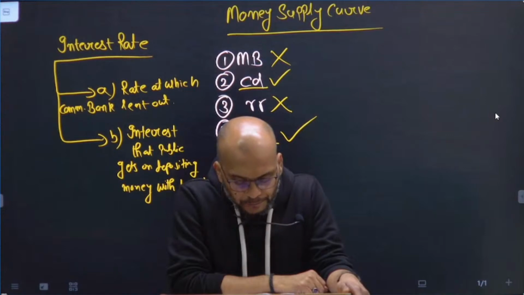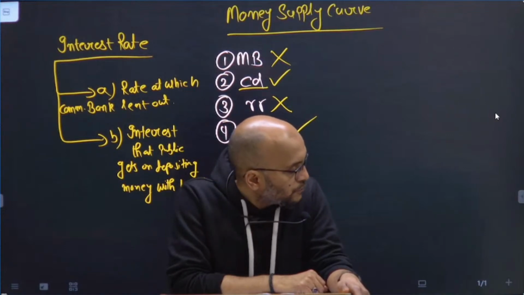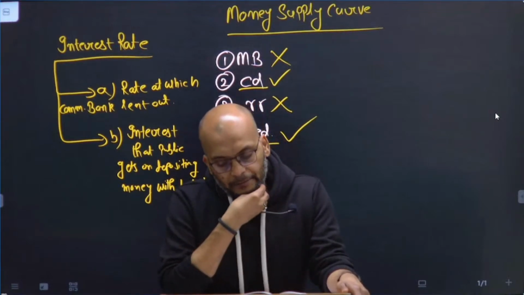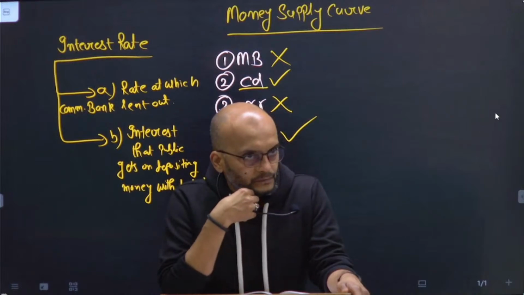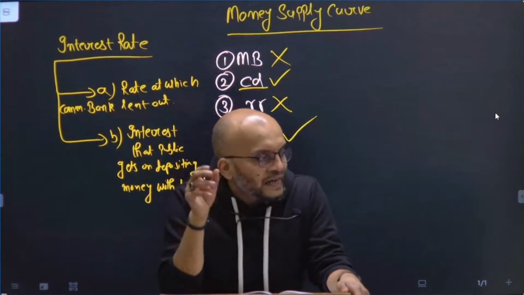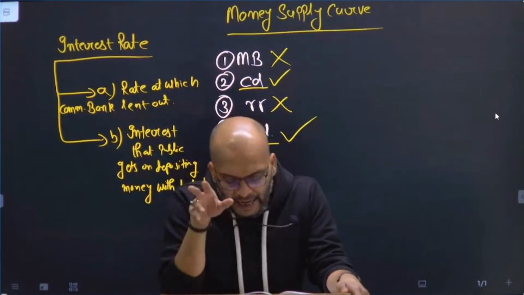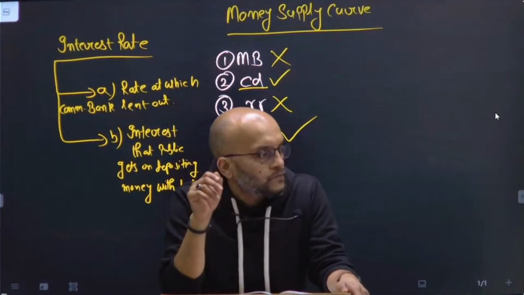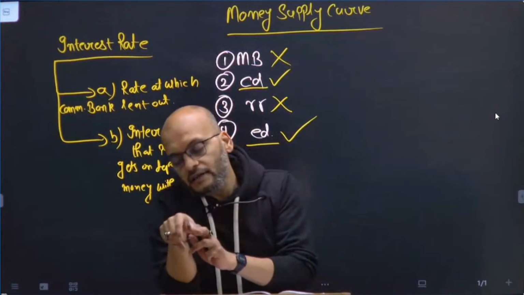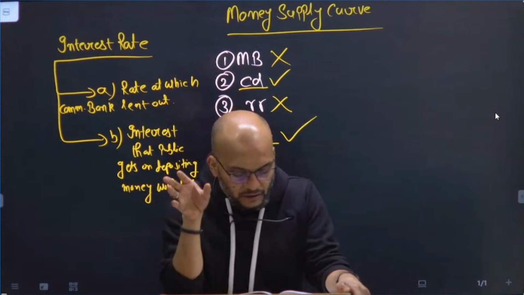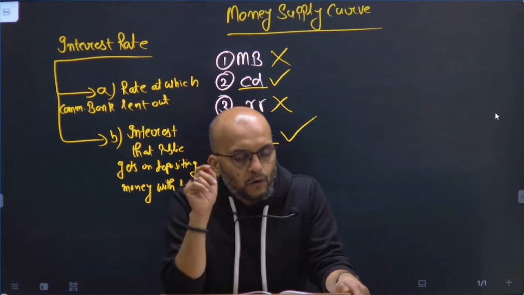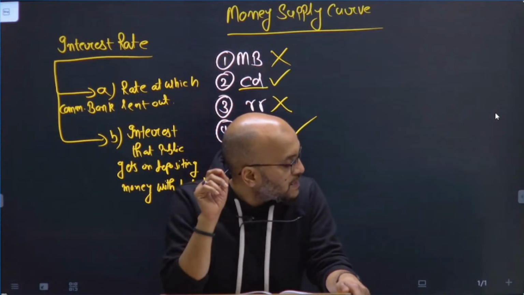Write down the first view: that interest rate has no relation with ED and CD. The first view of economists is that interest rate will have no relation with ED and CD. In brackets, you can write exogenous money supply curve.